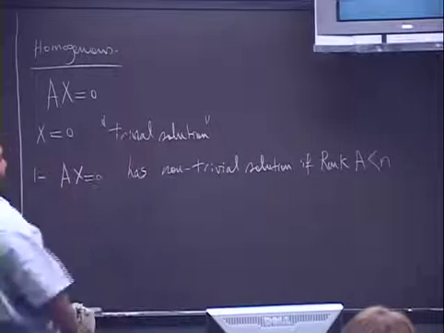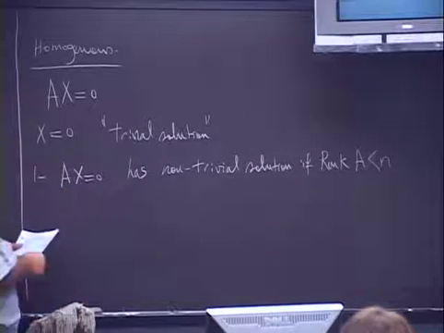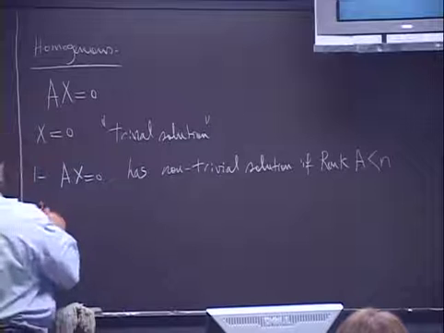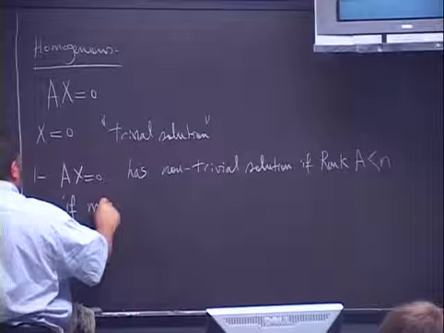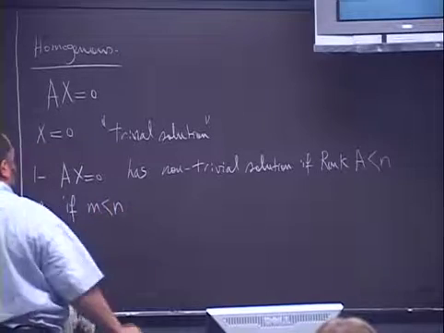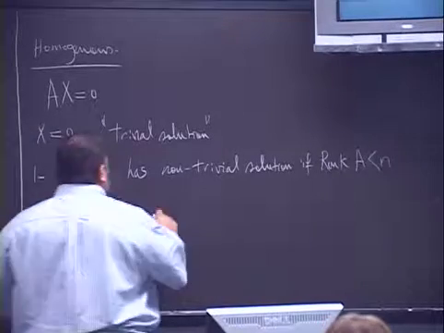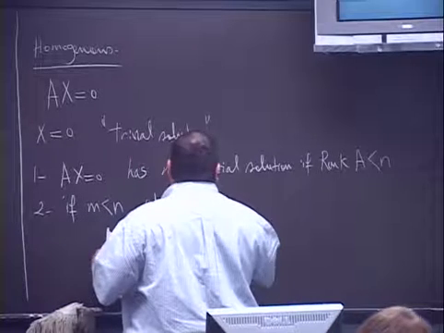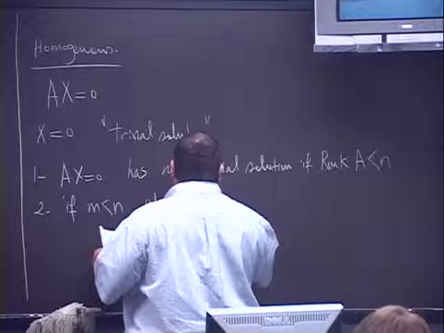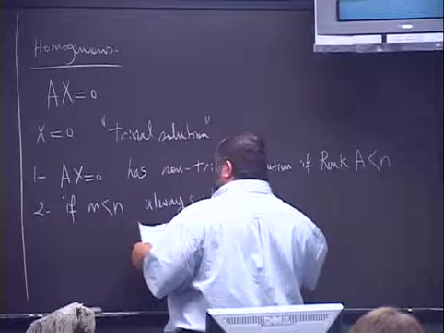So if the rank of A is less than n, we will have the non-trivial solution, and if the matrix A is m by n, if m is less than n, we will always have a non-trivial solution.